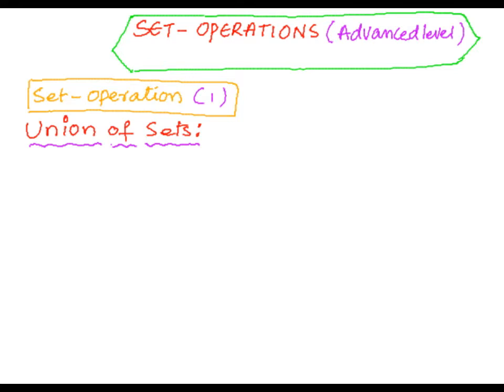So here the union of the two sets, one assumed as A and the other as B, will give rise to another new set which consists of elements of set A or of set B or of both A and B. So let A and B be any two sets.